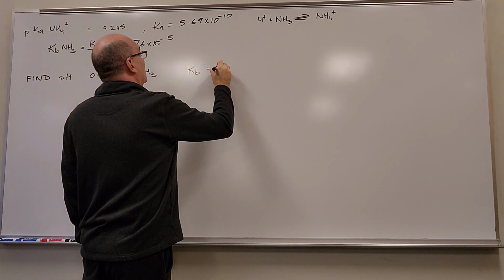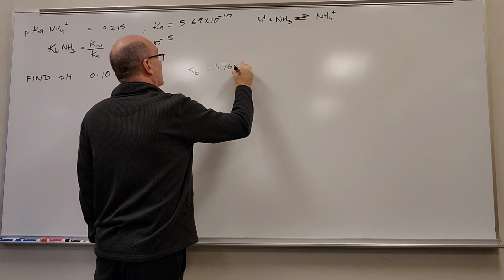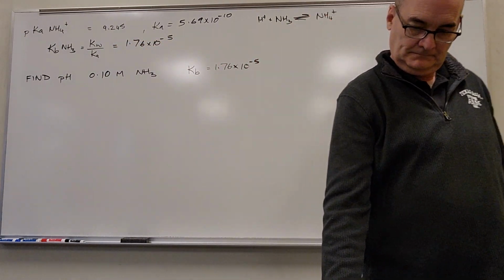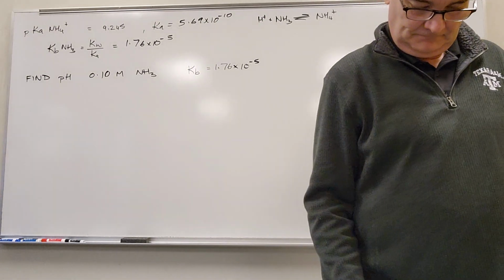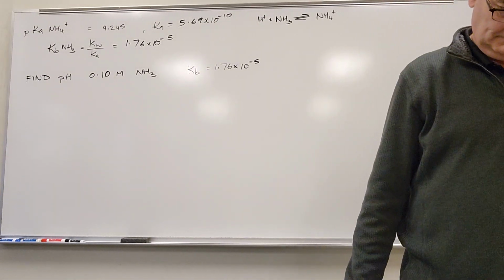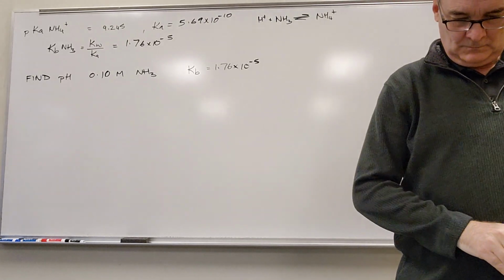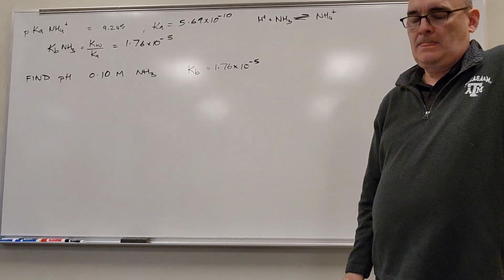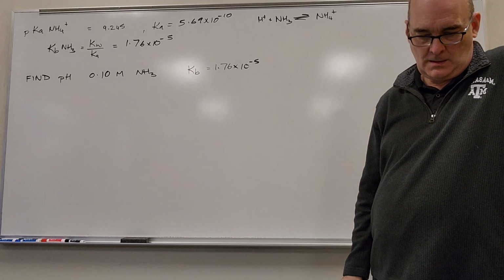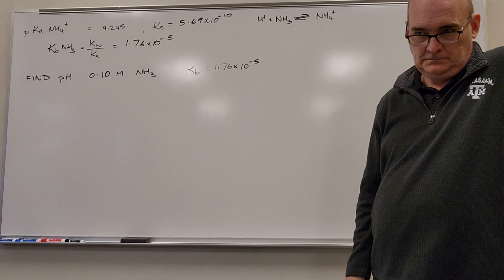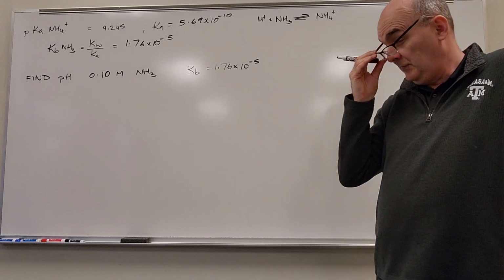Kb is 1.76 times 10 to the negative 5. I'll leave you to that.